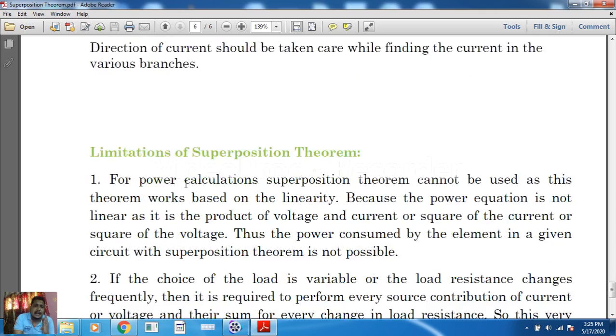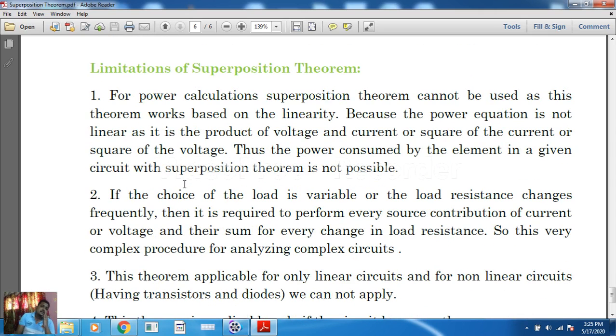Now coming to the last part, limitations of the superposition theorem. The drawback of the superposition theorem is that we cannot find out the power. Why? Because, as we discussed at the initial stage, the theorem can be applied only to a linear circuit, but power itself is not linear.